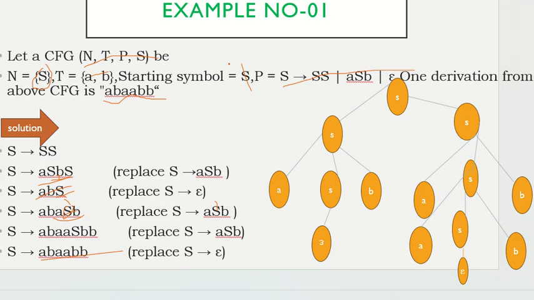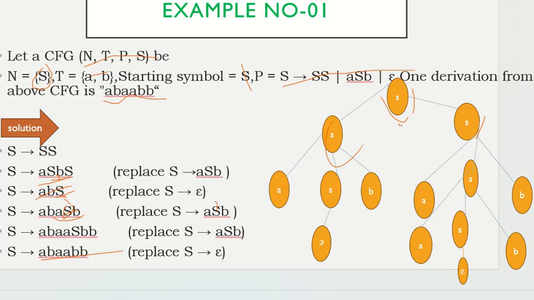The parse tree is shown on the right side. In this tree, it shows how each S gets expanded using the rules. Each orange oval is a node, either S, A, B, or epsilon. The tree starts from the top with S. This is the root node.